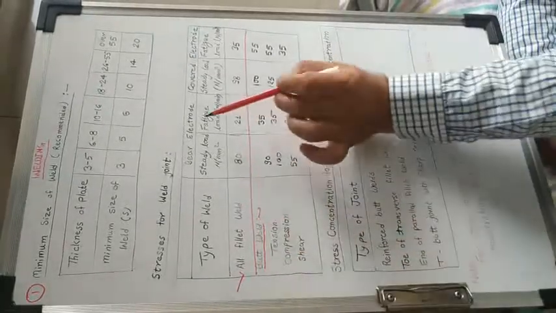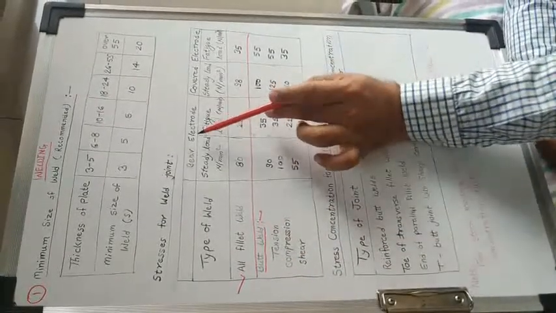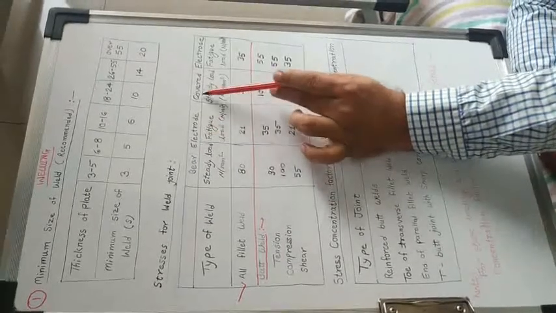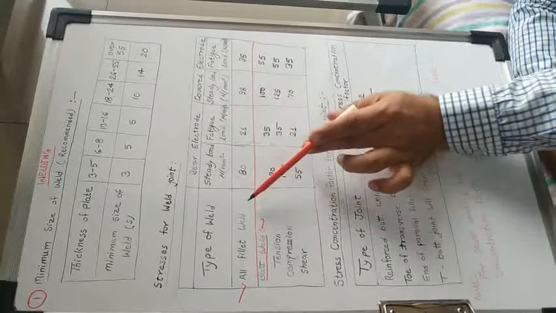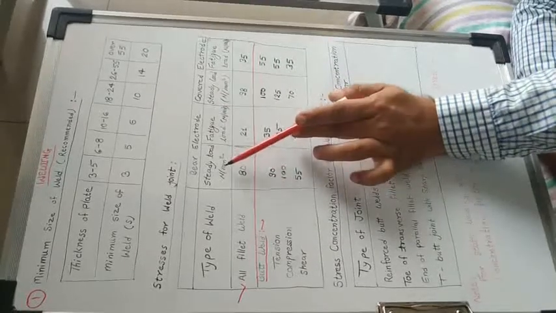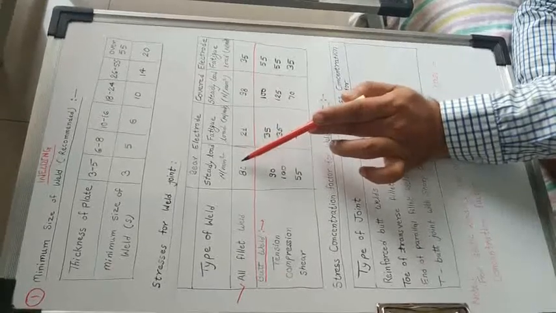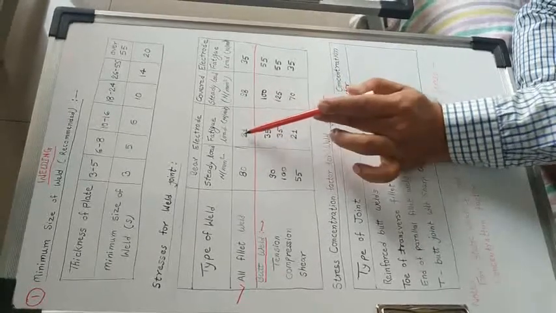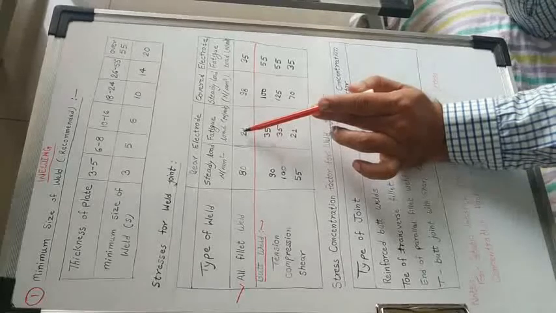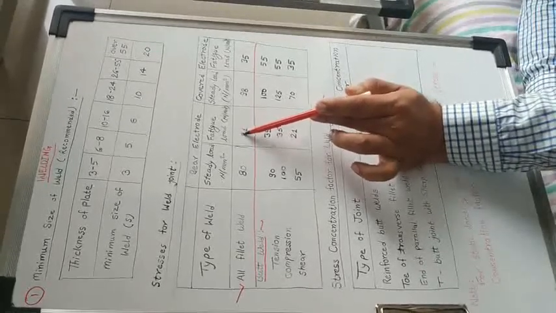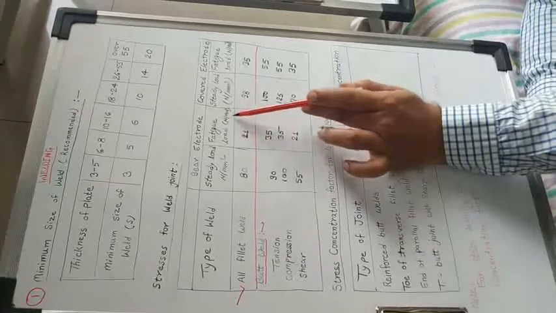If you see, the electrode comes first, bare electrode without cover, and second is covered electrode. For a fillet welding with a bare electrode, for a static load it is 80 Newton per mm square, and for fatigue load, if it is running periodically, loading on the same element, then it is 21 Newton per mm square.